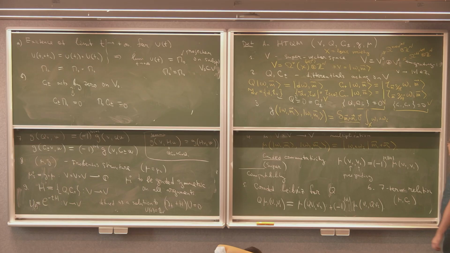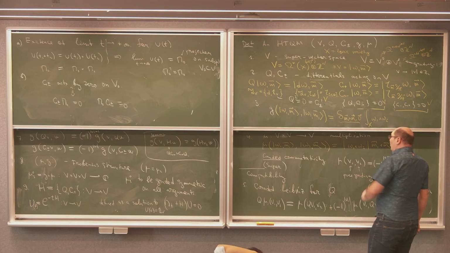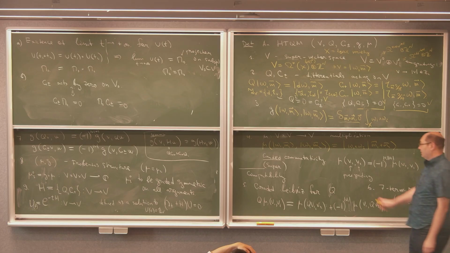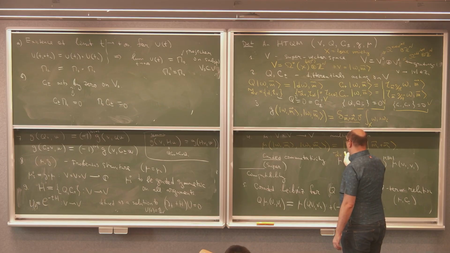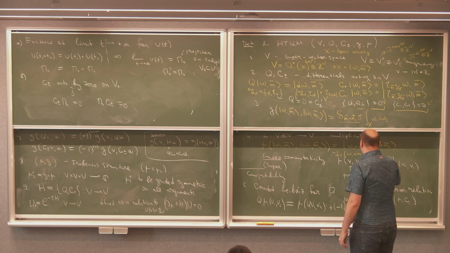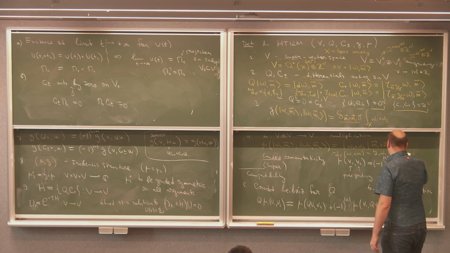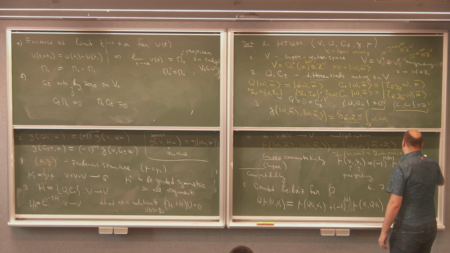Now we need to check whether the product of two U1 invariant differential forms is U1 invariant, and that is because the Lie derivative and wedge multiplication satisfy the Leibniz rule. The Lie derivative of omega 1 wedge omega 2 is the Lie derivative of omega 1 wedge omega 2 plus omega 1 wedge the Lie derivative of omega 2.